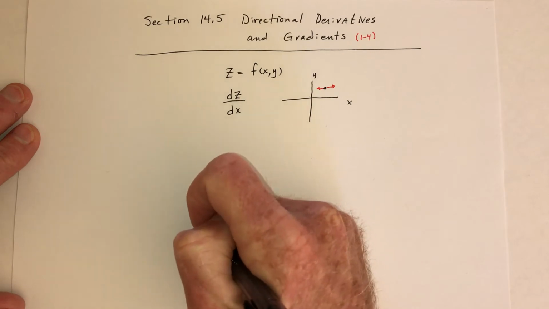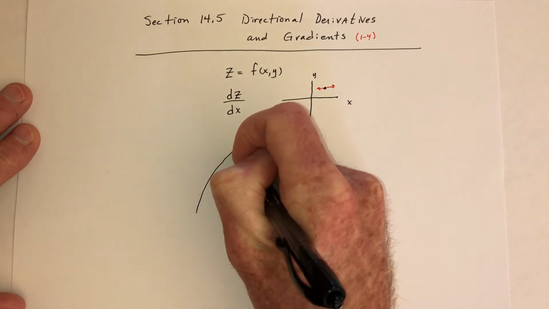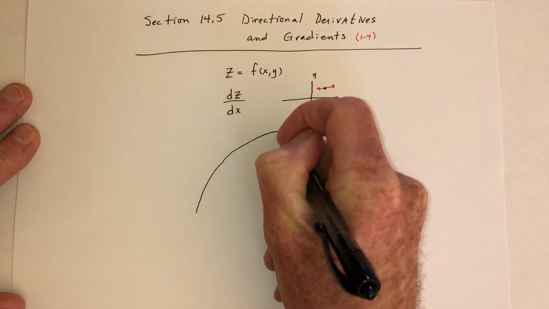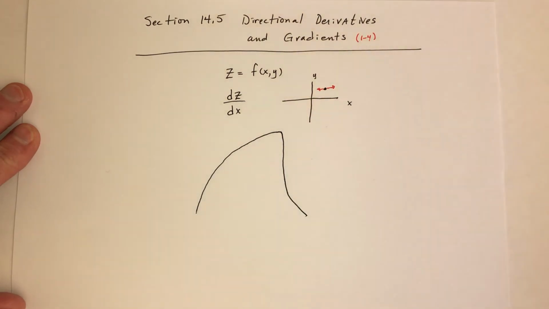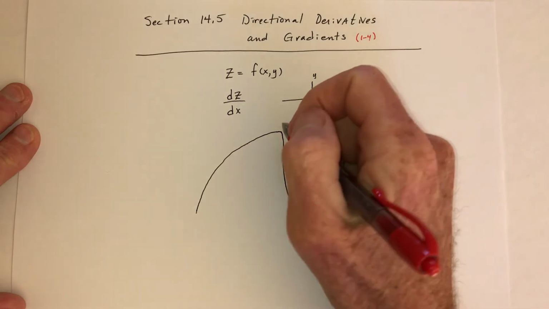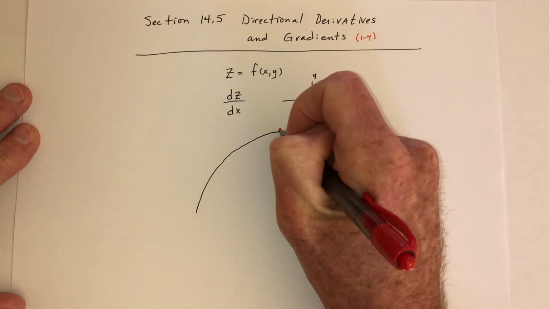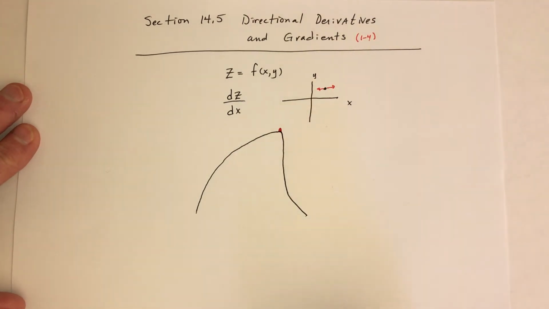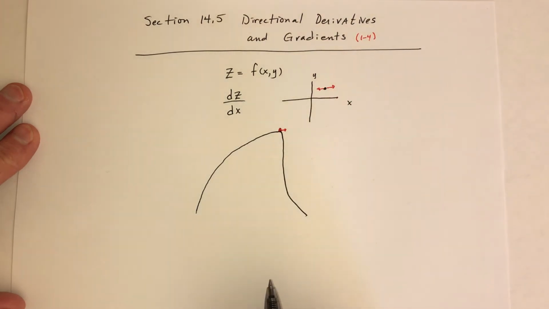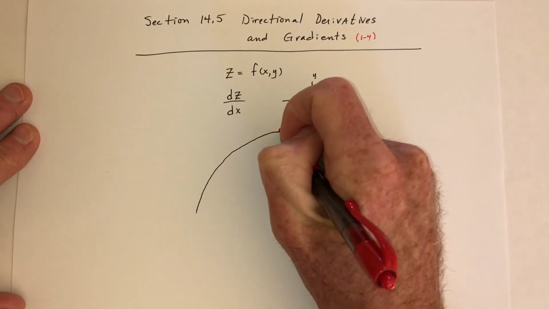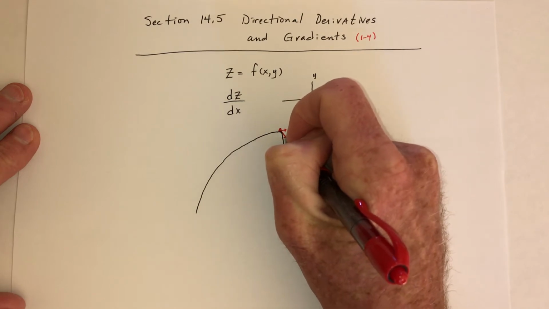Like, for example, let's say that this is a mountain, and you are standing right here at the top. So at one particular point. Now, if you want to get down really fast, then you should go this direction, or even this direction.